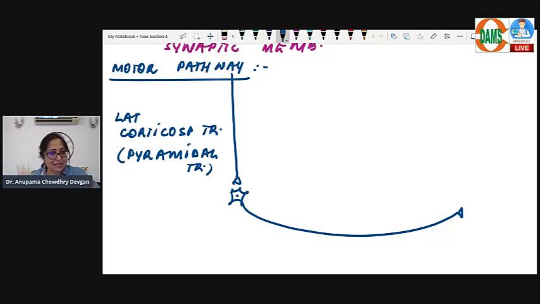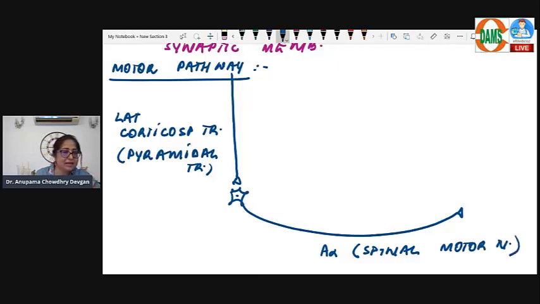We've discussed this last time as well, right? This is the A-alpha motor neuron, also known as the spinal motor neuron. This is the motor pathway. Presynaptic here is the pyramidal tract neuron, which is also called the upper motor neuron, and the A-alpha motor neuron, or the spinal motor neuron, is also known as the lower motor neuron.